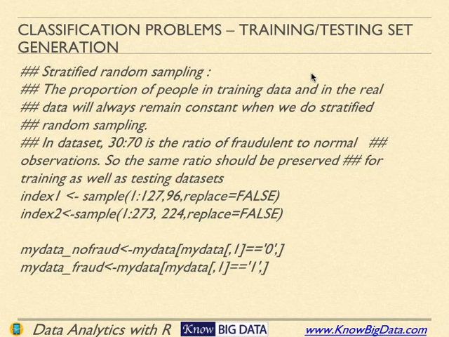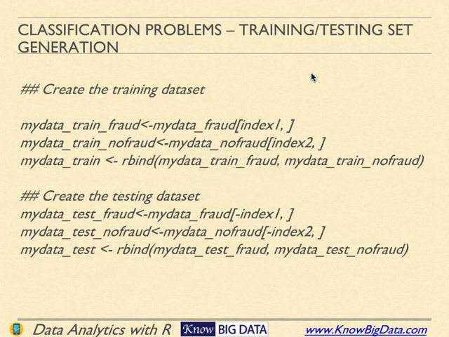We picked up the same thing again, index 1, index 2. A few things you should note: out of my data, if the value is 0, that means there is no fraud. If that particular column is 1, then there is a fraud. So we prepared a binary data out of it.